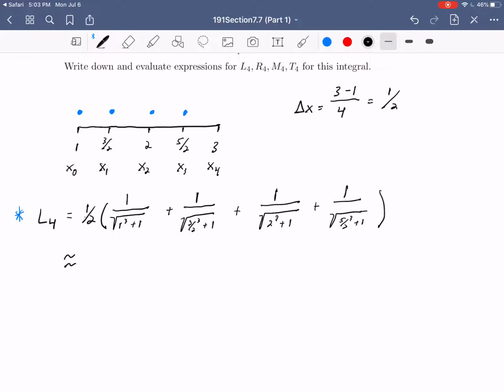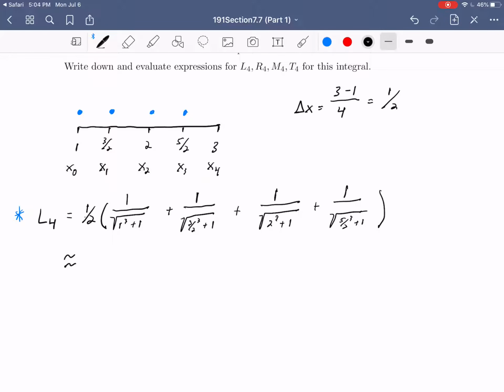So you'd have 1 divided by the square root of 2, plus 1 divided by the square root of 27 divided by 8 plus 1, because it's a cube, and then plus 1 divided by the square root of 8 plus 1, and then plus 1 divided by the square root of 125 divided by 8 plus 1. Okay, and then times 1/2.